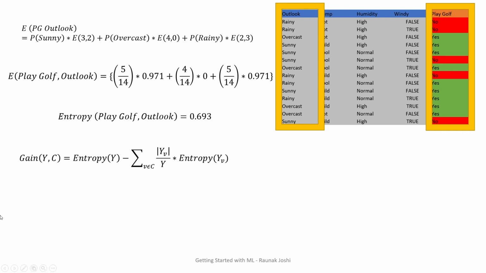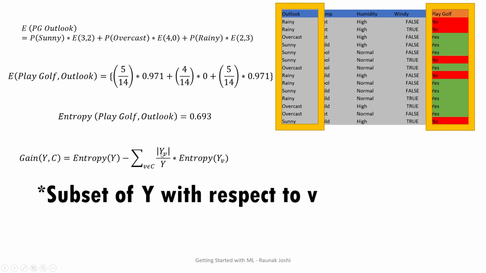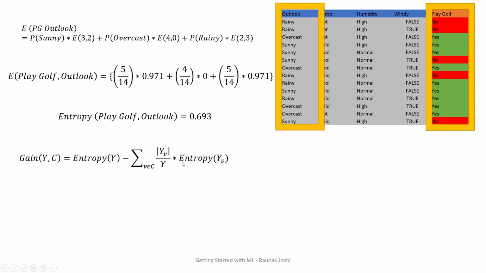This sign says it belongs to, so v belongs to C, that is, a value in my column like rainy, overcast, sunny. These are the values where I am going to take a subset of v with respect to playing golf, divided by my whole Y itself, that is my label class, times the entropy of the subset.